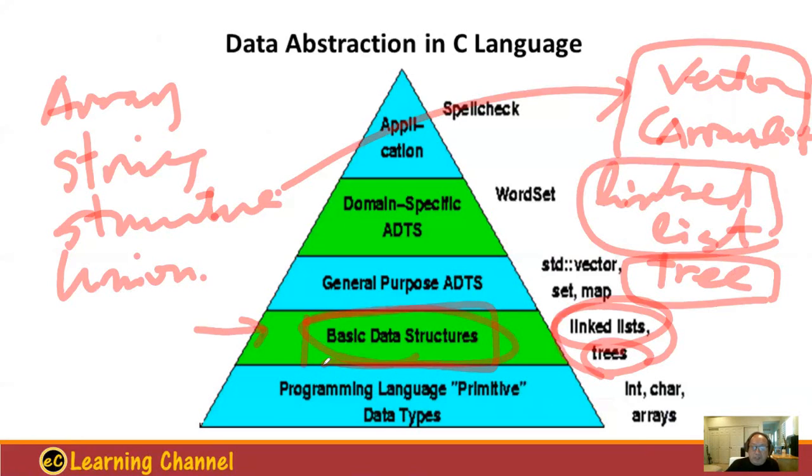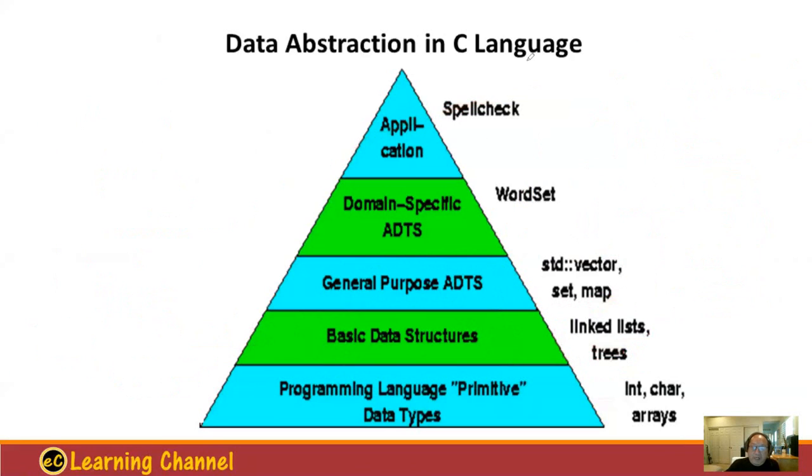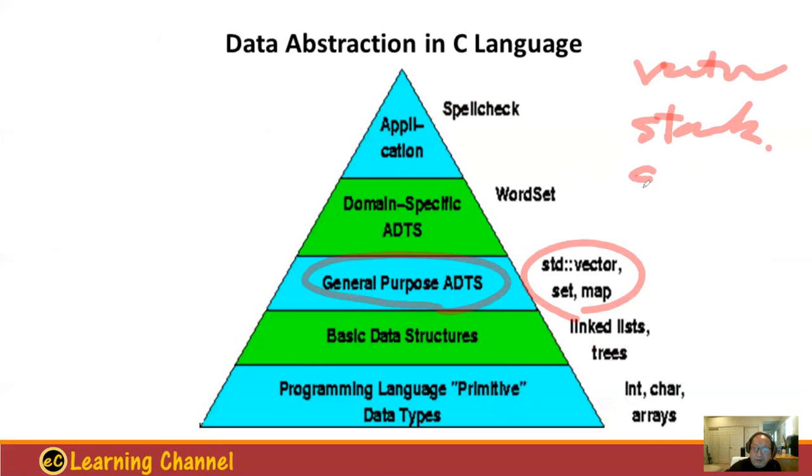As you can see right here, this level is more like ICS 45C, using the C language. And then you start to use the general purpose ADTs, that's called collection. The next level is collection, which has the vector, the stack, the queue, and the map.